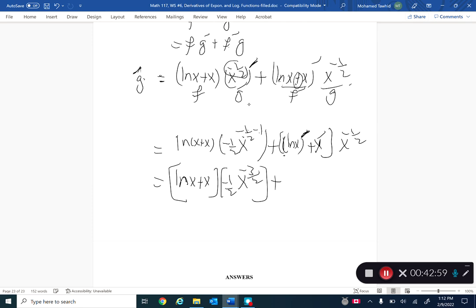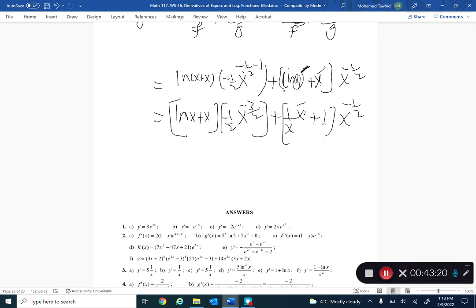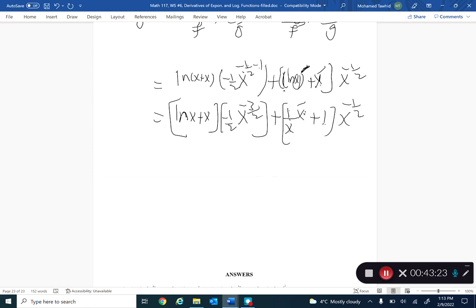Close the bracket. What is the derivative of ln x? It is 1 over x multiplied by x prime, and x prime is 1, so I write 1. Multiply by x to the power negative 1 over 2. Just copy this: ln x plus x, and here negative 1 over 2, x to the power negative 3 over 2.